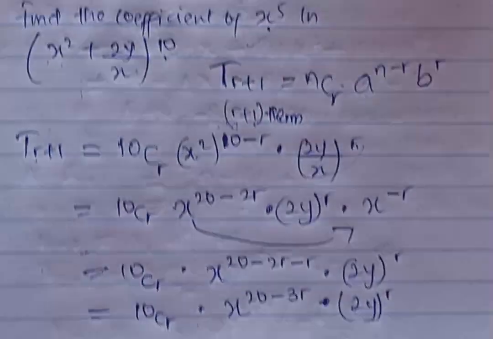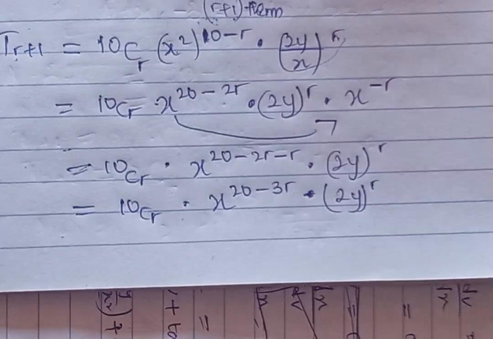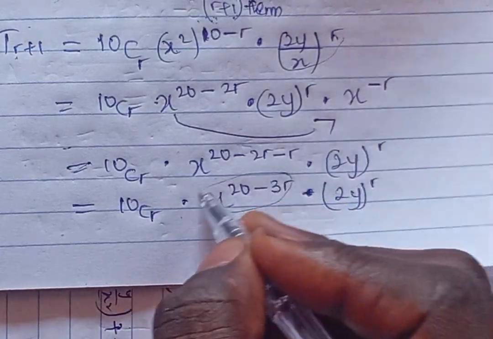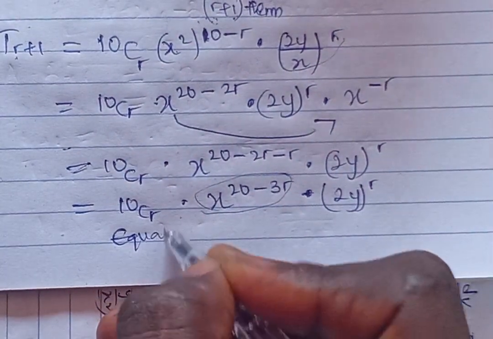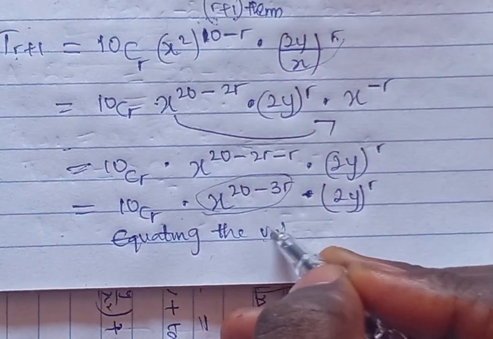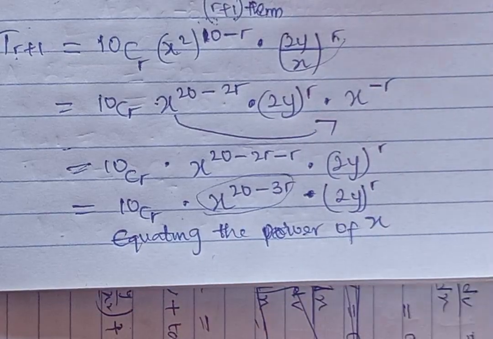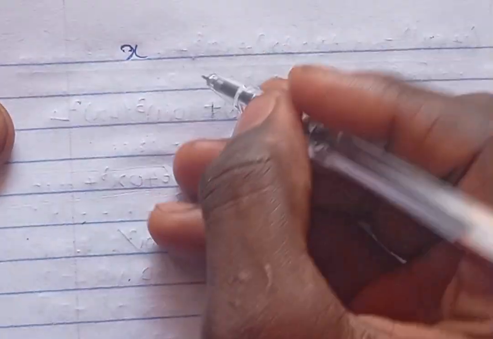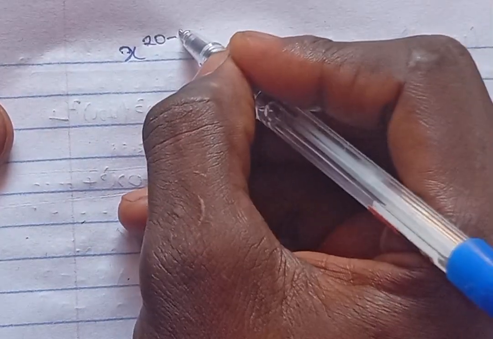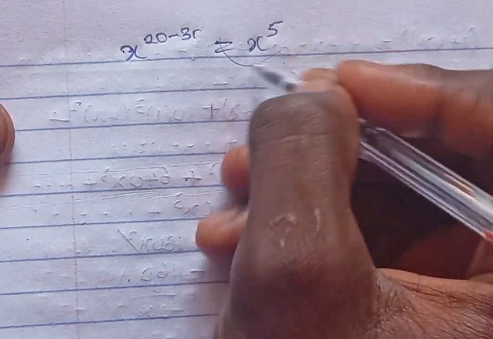Now, remember that we are looking for x raised to power 5. So I can easily say that, equating the power of x, x raised to power 20 minus 3r is equal to x raised to power 5, because we are looking for this one.